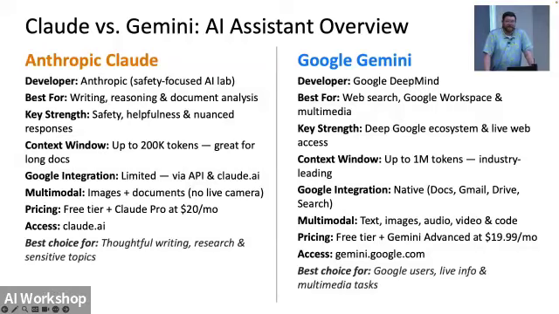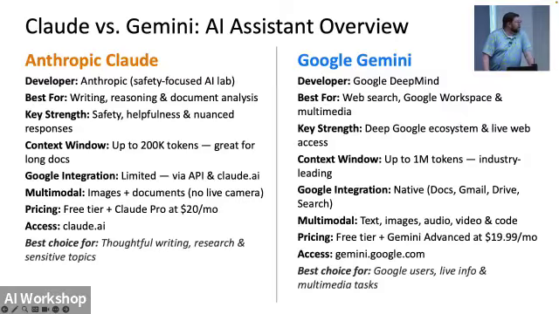I recently downgraded that, because I haven't really gone beyond the Pro unless I'm creating something like the gaming engine, which doesn't have a lot of marketable return on investment value. And you can access Gemini at google.com. So it's the best choice for Google users, live info, and multimedia tasks.